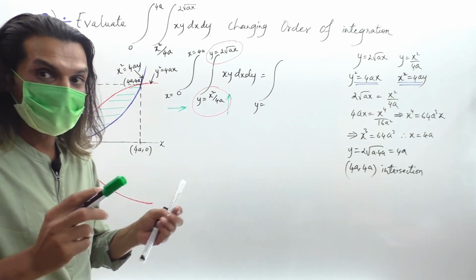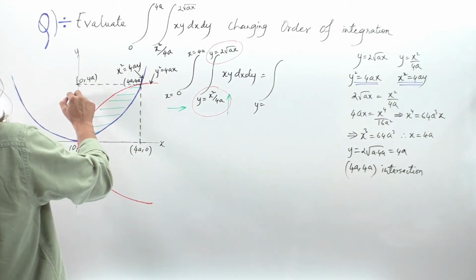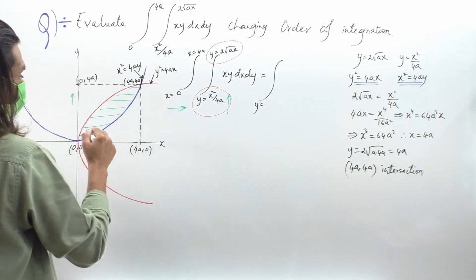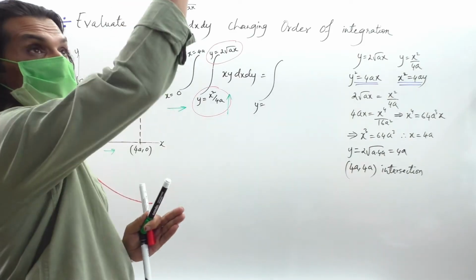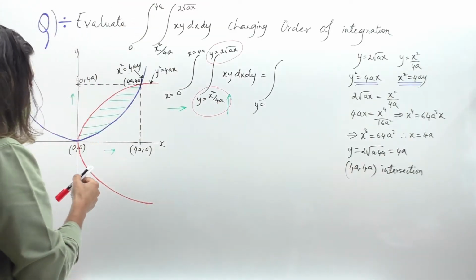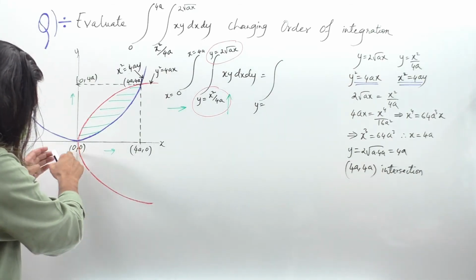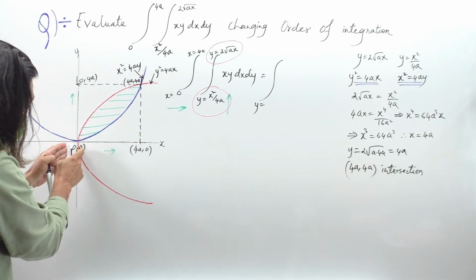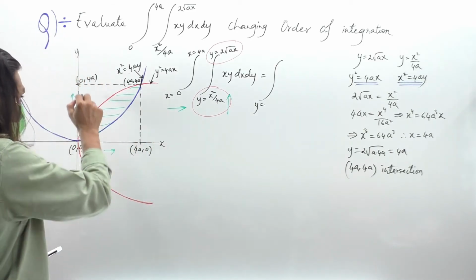Now here in change of order, we need to do the opposite. We need to climb, and then we need to walk. That means we climb only vertically, along the y-axis. So when we climb here along the y-axis, we climb from where to where? We climb from 0 to 4a.